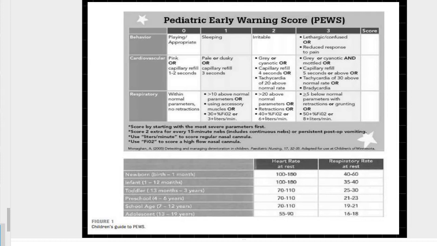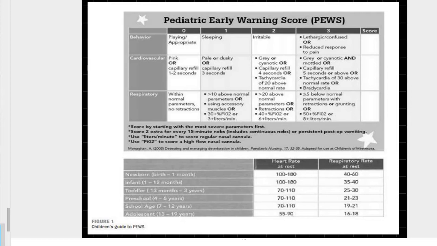Behavior, they're irritable, they're cranky, that's a 2. Cardiovascular, they're gray or cyanotic, or their capillary refill is greater than 4 seconds, or their heart rate is at least 20 above the normal heart rate for their age group. That would be a 2. Respiratory rate greater than 20 above normal parameters, or they have retractions. That would be a 2. 3s for behavior would be lethargic, confused, or reduced response to pain.